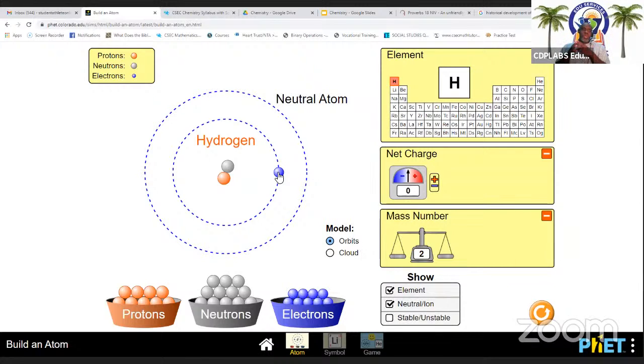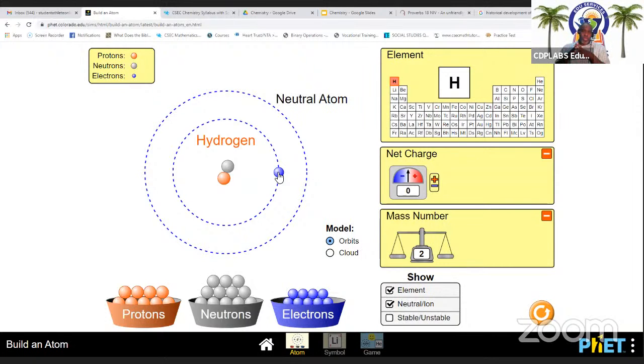Now, the number of electrons in the last shell is used to identify the group number of the element. The number of shells that the atom has is used to identify the period.